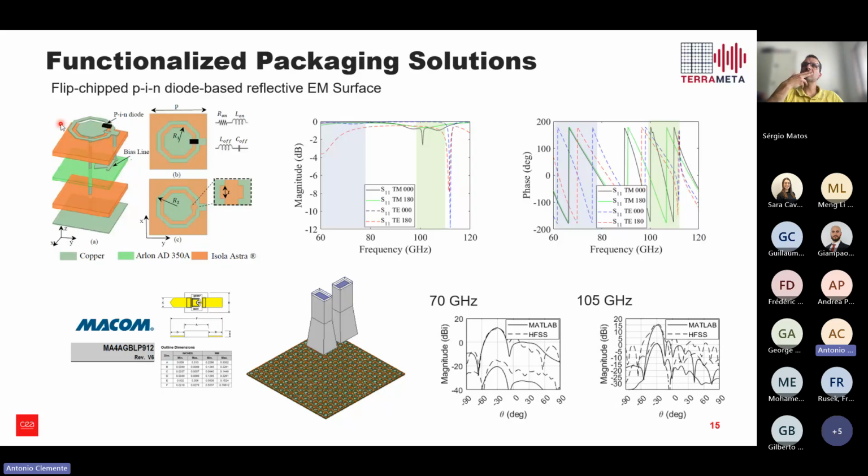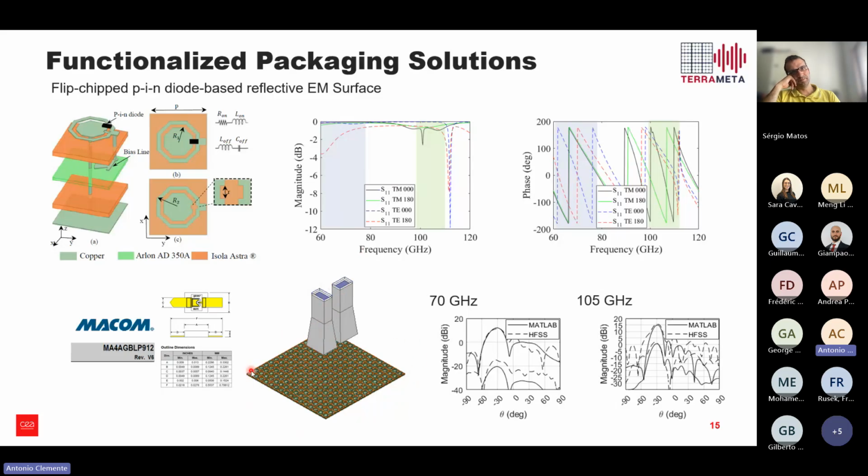So for this reason, we started this design, and we demonstrated this unit cell that can operate in 2 different frequency bands: the frequency band between 60 and 75 GHz, or the frequency band between 100 and 110 GHz. In order to generate the 2 frequency beams, we have 2 different horns that illuminate the metasurface.